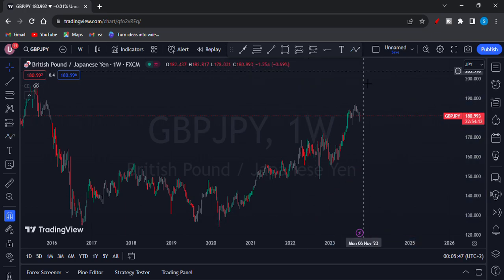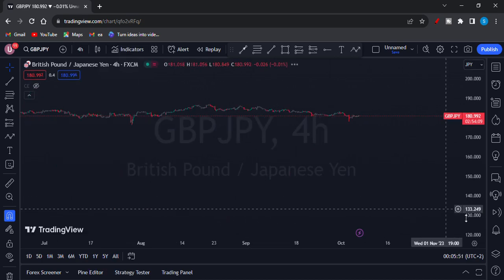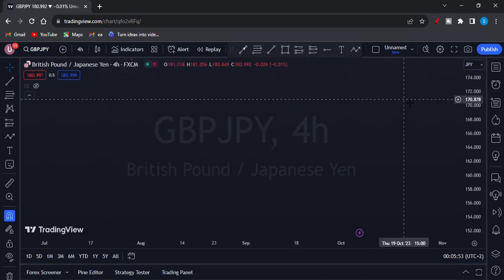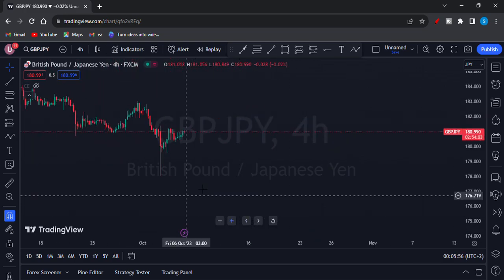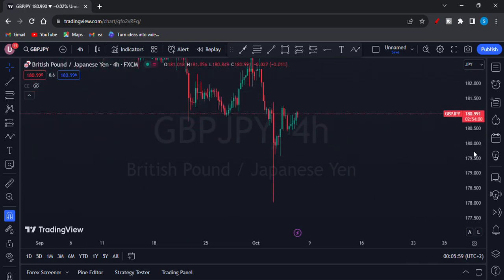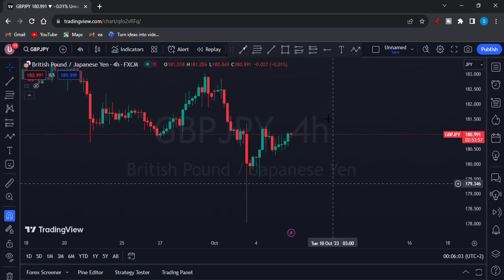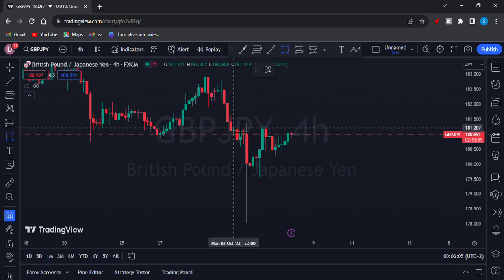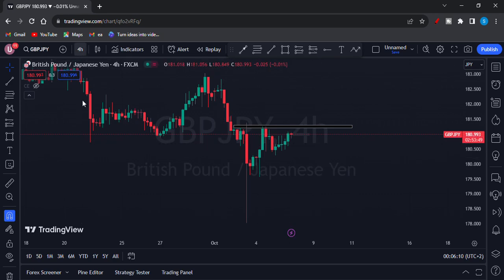And then let's go to our 4 hour. And then let me blow up this. So yesterday the market was quite tricky for GBPJPY. So on a 4 hour, we're having this resistance around here. And then let's go to the hourly.